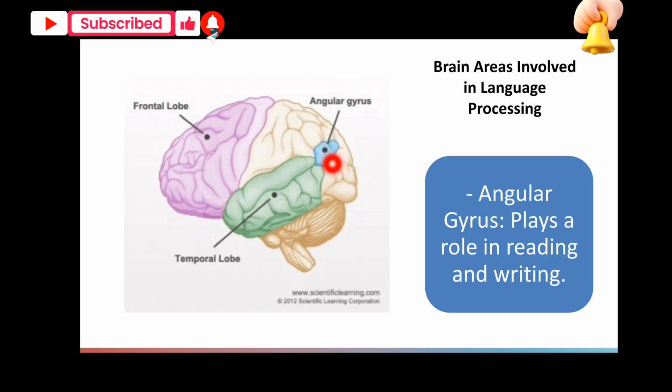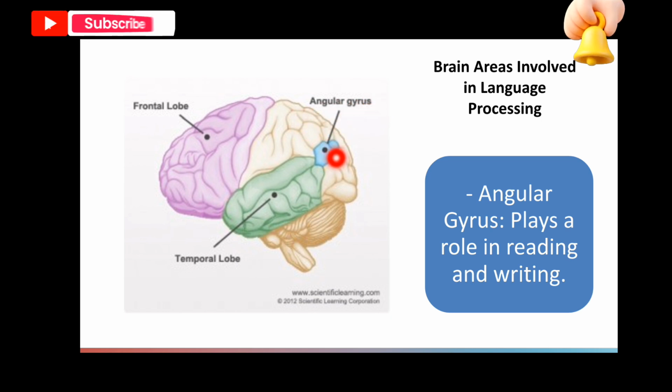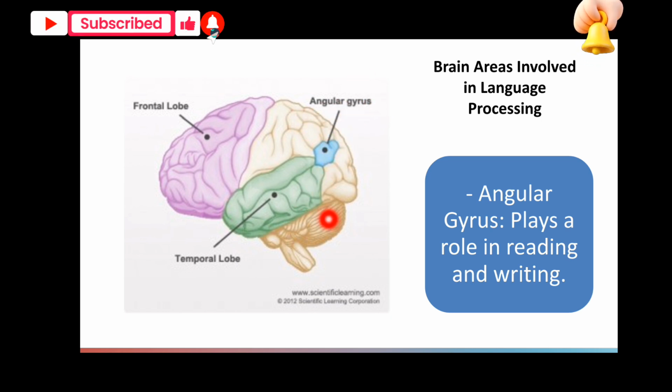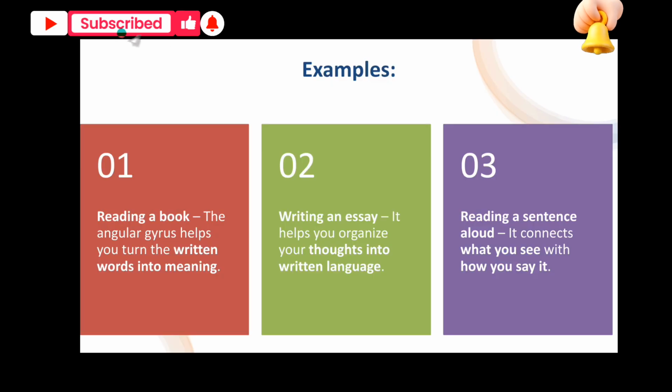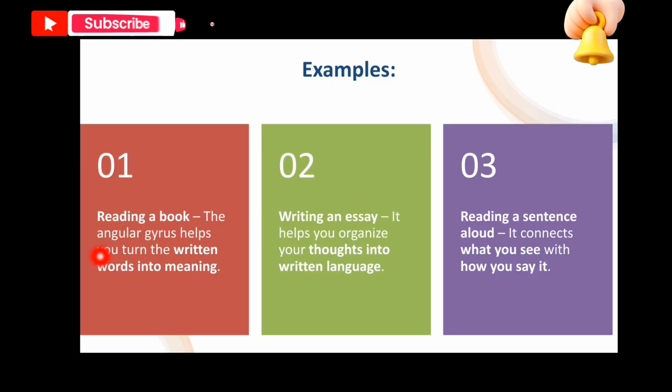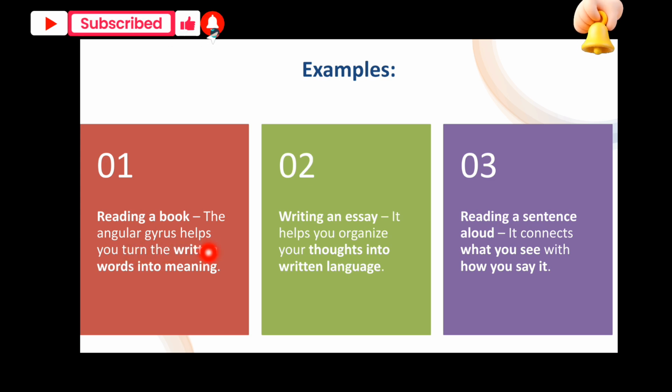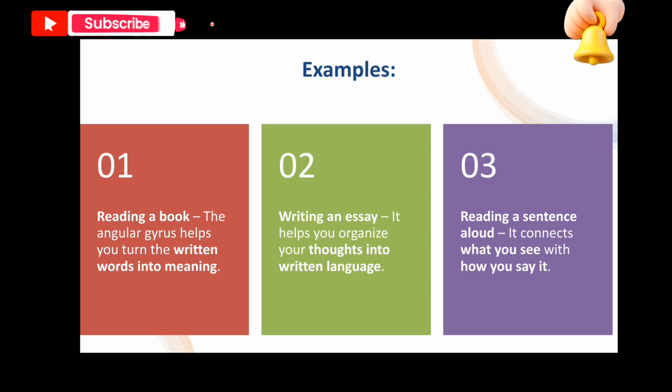You can see the temporal lobe and the frontal lobe, and here we have the angular gyrus. So this is the area responsible for reading and writing. Examples: reading a book, the angular gyrus helps you turn the written words into meaning.